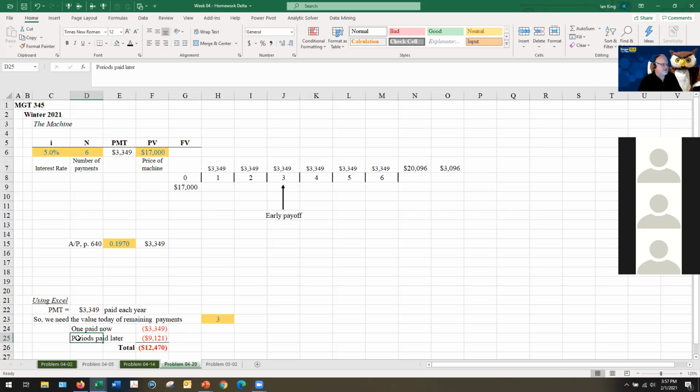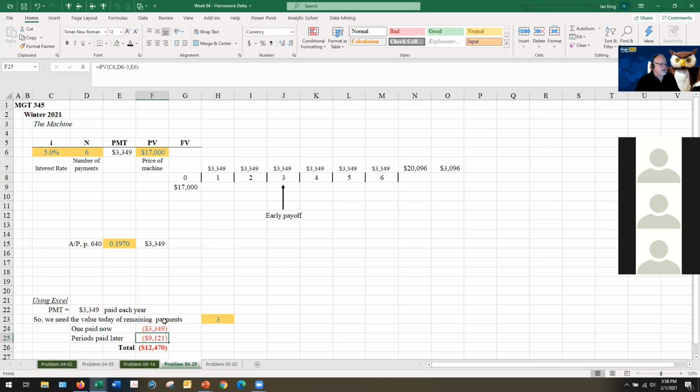For the periods paid later, as I put it in my example here, meaning that's what you would have paid if you didn't cut it off early. And then you add that to the one you pay, this $3,349 is year 3.